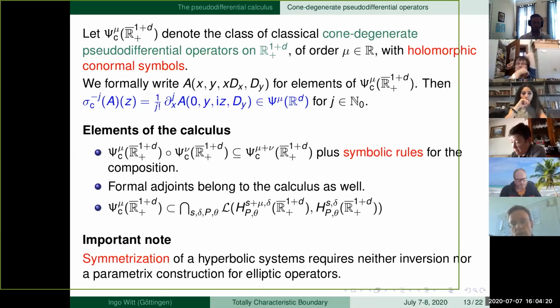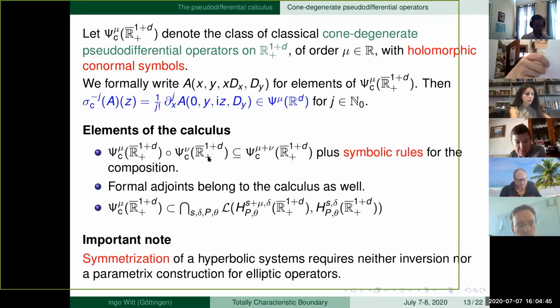We just need the compact base, or say meromorphic conormal symbols, if you want to do either of that. So we don't have to do that. And therefore we can make this assumption that the conormal symbols are holomorphic.